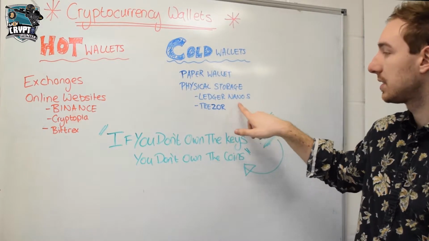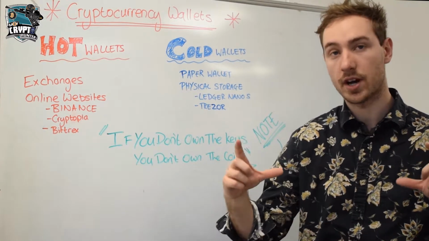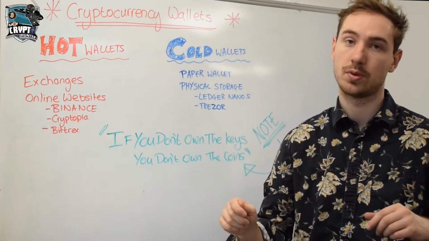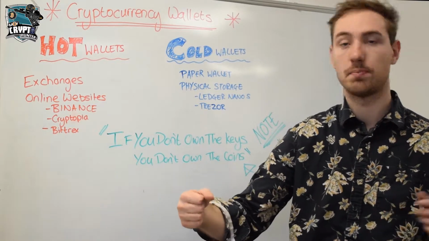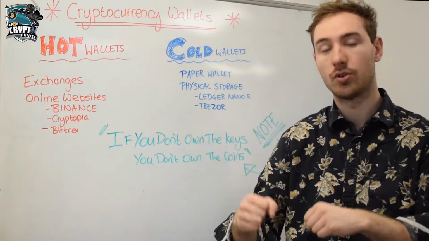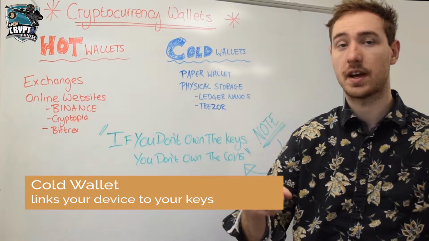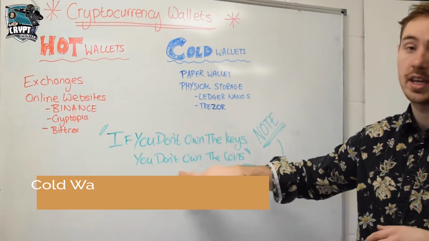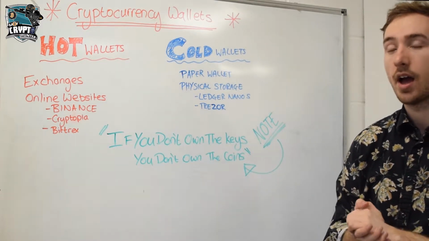With a Ledger Nano S particularly, when you set it up, you get a 24-word unique phrase. If you write down those words and ever lose that device, you can buy a new device and put those words into it, and it would restore the coins that were on the lost device, because it effectively links your device to your keys, and then it remembers everything. So it's a much, much safer way of doing it.